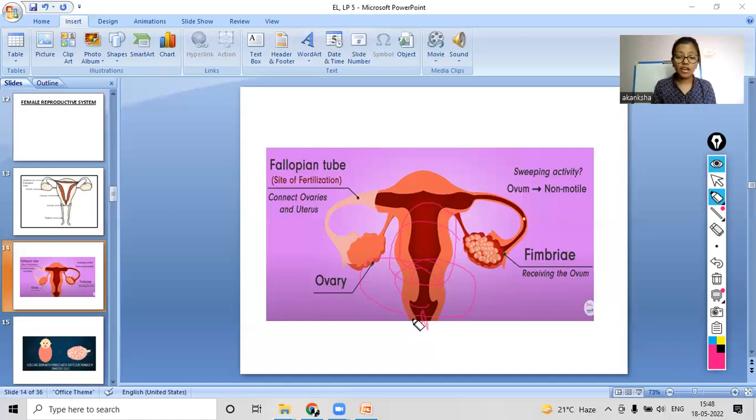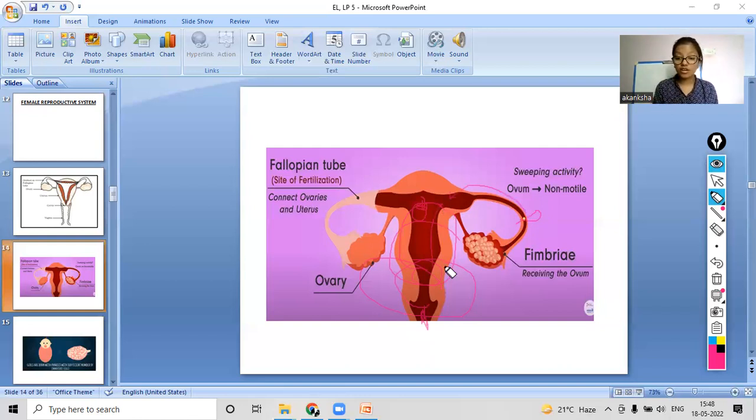They travel upwards and reach the oviduct, where they may encounter the egg, because the egg is coming from here to here and the sperms are moving from here to here. So they may encounter, right?